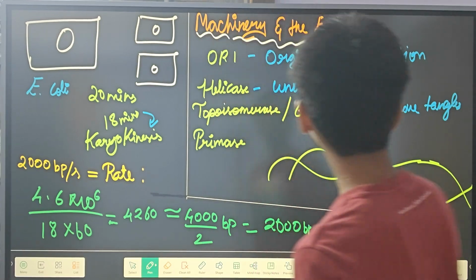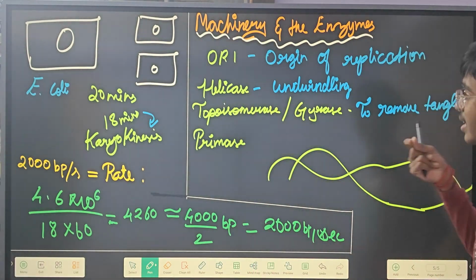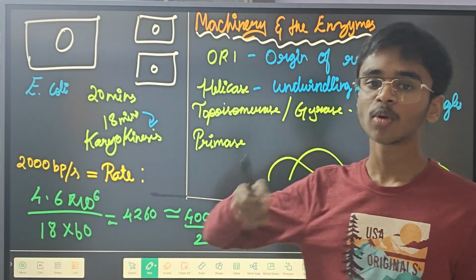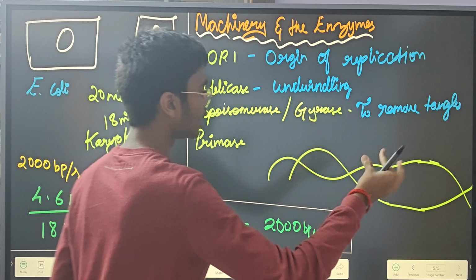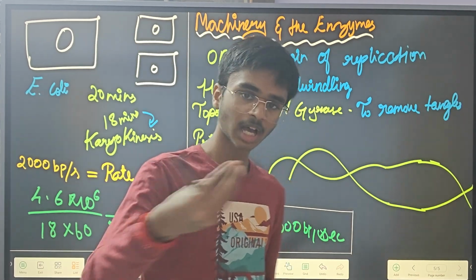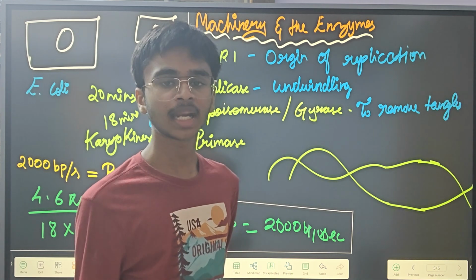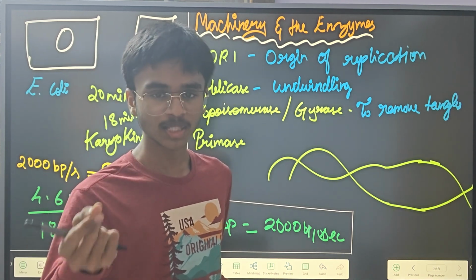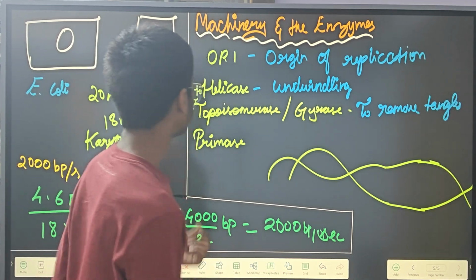So for DNA polymerization, the enzyme should be coming and attaching to this DNA. At the point of attachment, here primase is there.